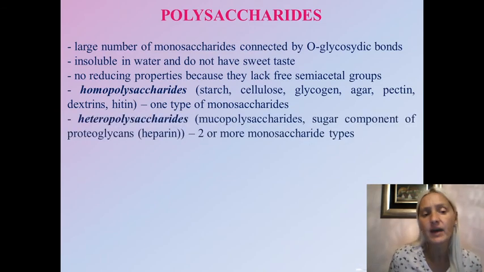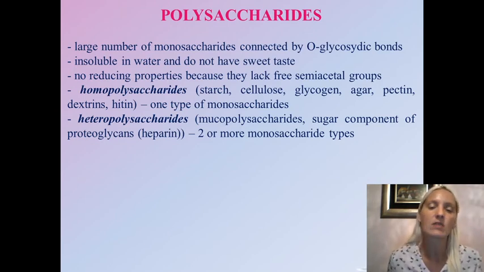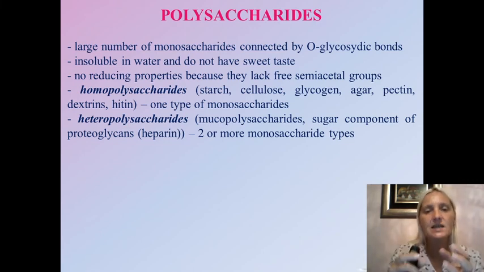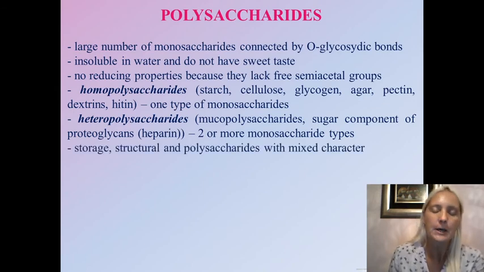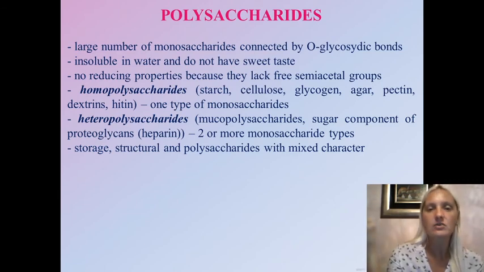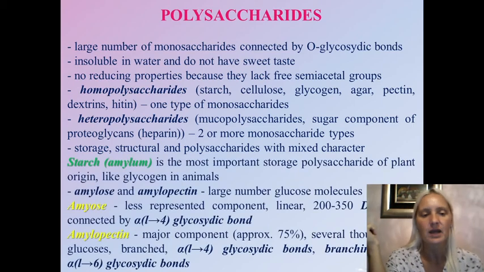And we have the group of heteropolysaccharides, which are mucopolysaccharides and sugar components of proteoglycans, and they contain two or more monosaccharide types in their basic units, predominantly disaccharides, which can further be polymerized as disaccharide plus disaccharide plus disaccharide, but they contain different types of monosaccharides in the structure. They might exhibit storage function, structural function, or have mixed character, depending on their structure and properties.